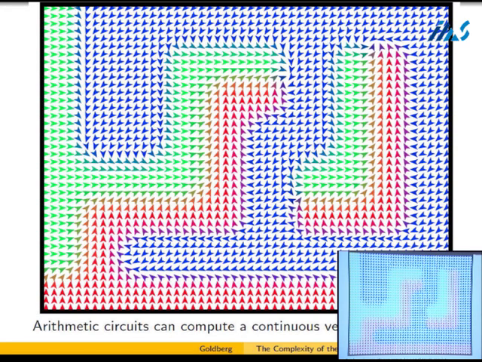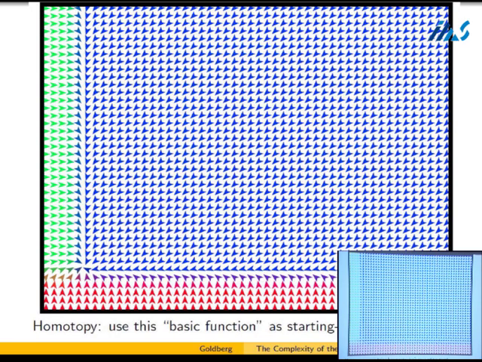Right. So we've gotten to the stage of encoding continuous functions using these things, and I'm going to show you a homotopy problem now, which turns out to be PSPACE-complete. Here is a very simple discrete Brouwer function, maybe the simplest possible one, which, by the way, is going to correspond with the easy-to-solve starting game G0.